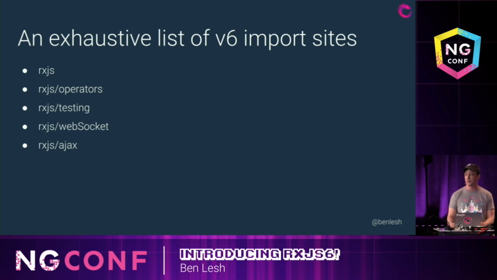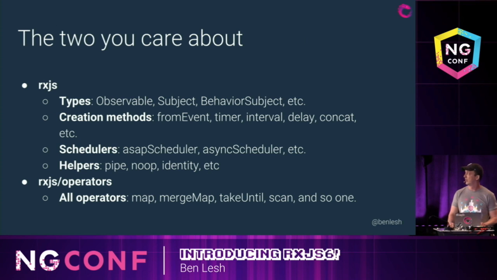The top two I just told you about, rxjs and rxjs/operators. All of the testing stuff is under rxjs/testing. The WebSocket implementation is under rxjs/webSocket, and RxJS has its own Ajax implementation that nobody in the Angular community really uses because you have the HTTP service, that's under rxjs/ajax.